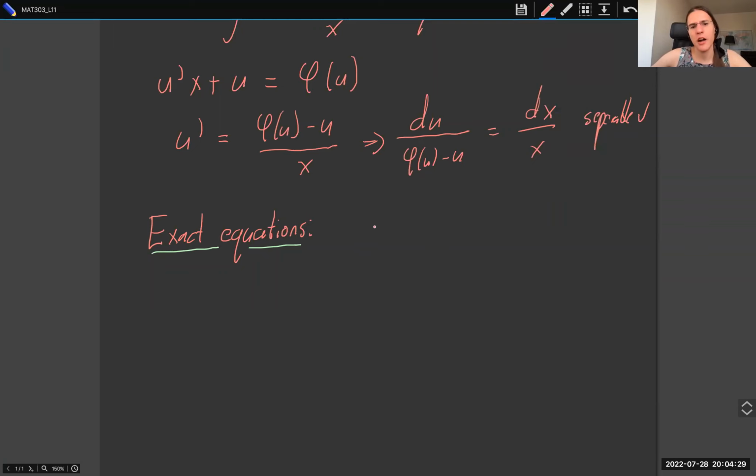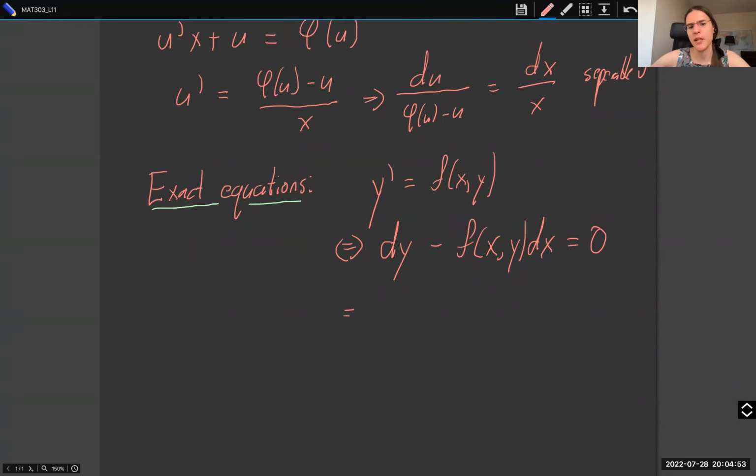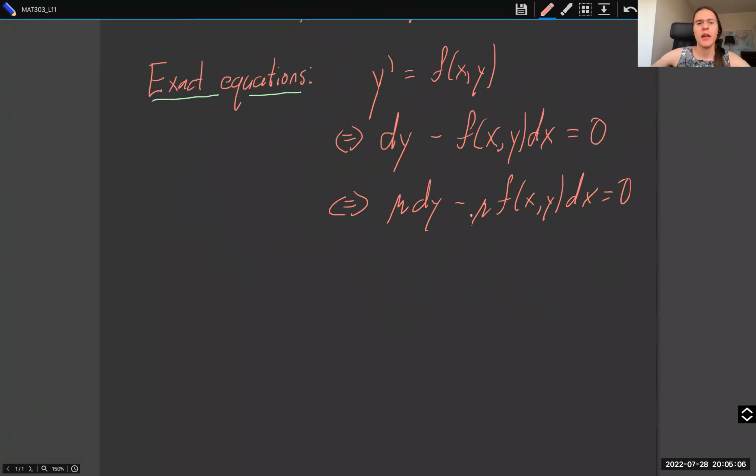So the equation y prime is equal to f of x y rearranges to saying something like dy minus f of xy dx is equal to 0. But then you can also multiply this by any other function, so long as it's not everywhere 0.